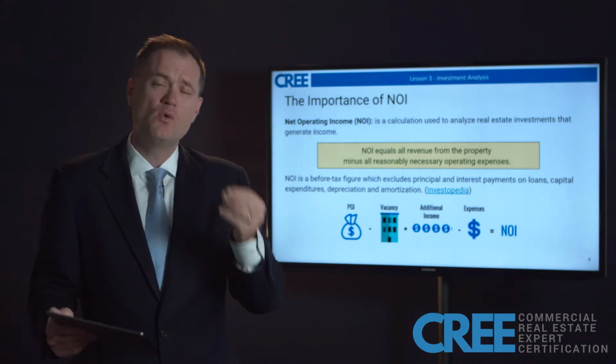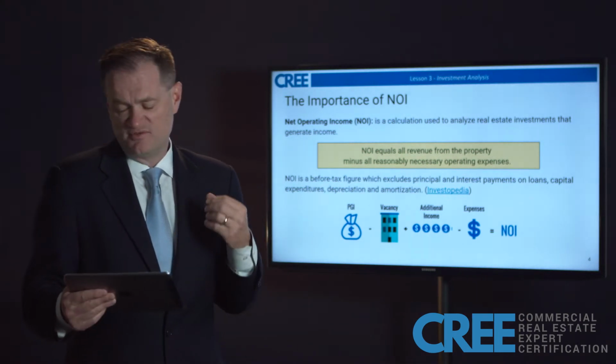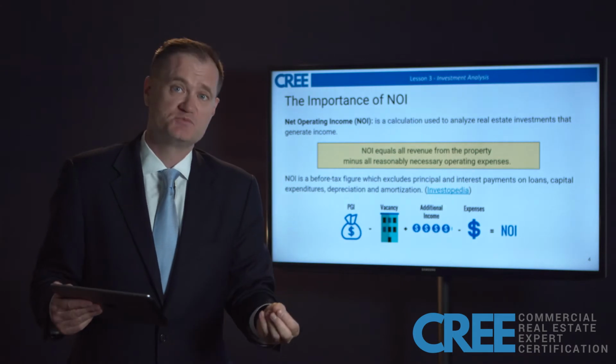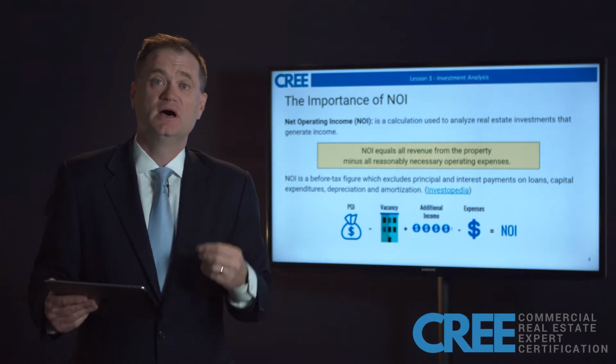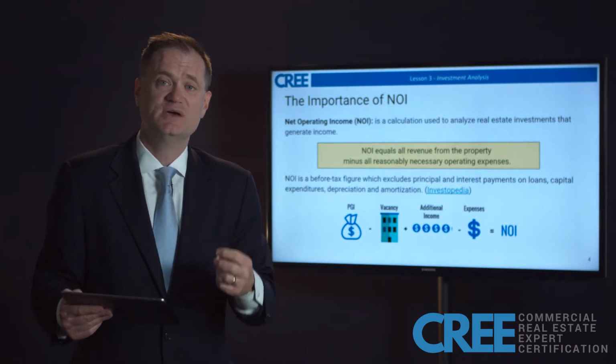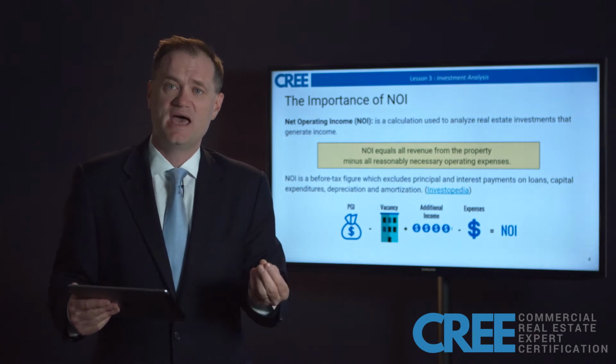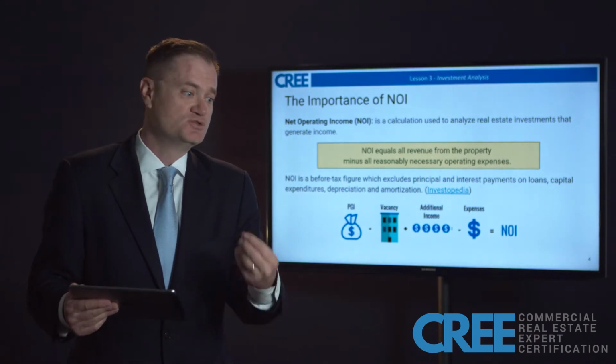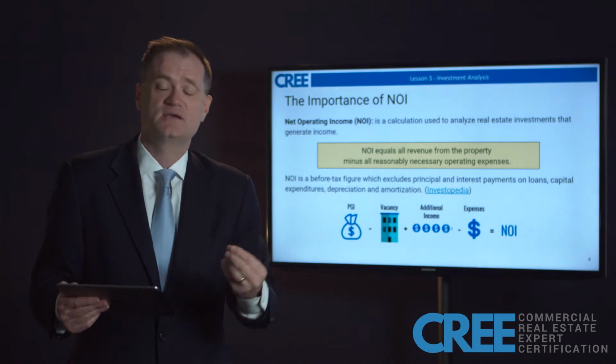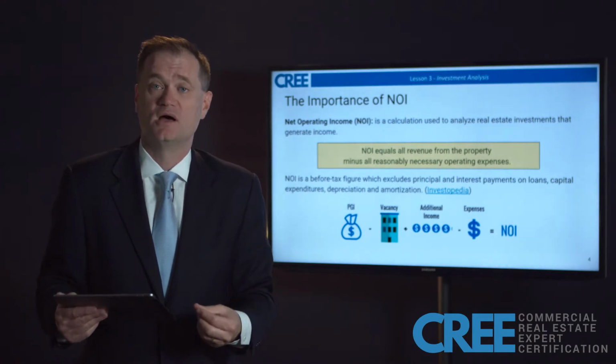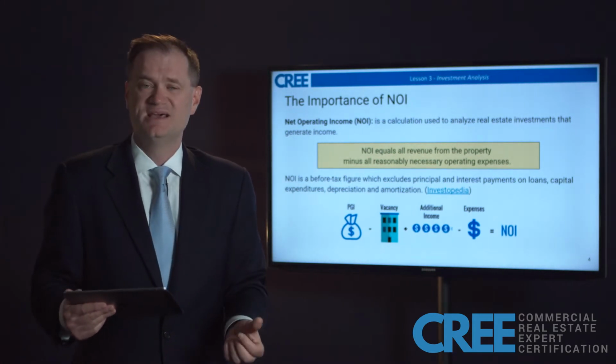And this is before tax. This is before we have a mortgage payment, before principal and interest is taken out. So it is the number that we then can use to enjoy the benefits of, pay tax on, make our mortgage payment on. So it's the bottom line number.